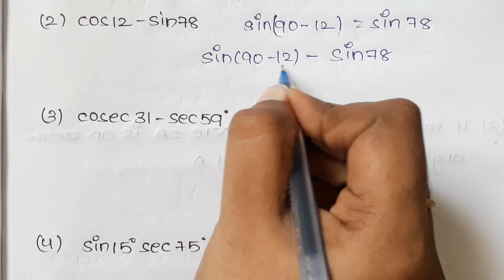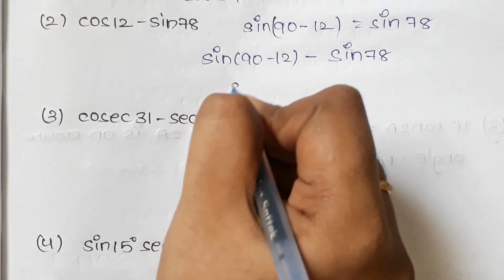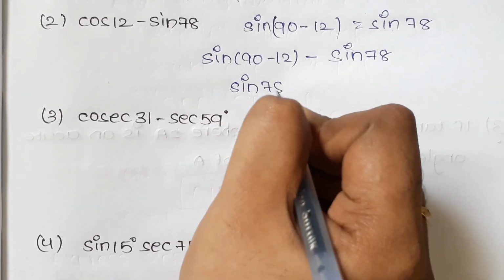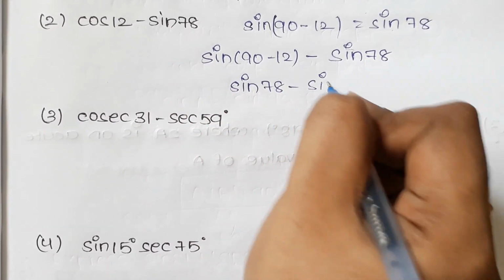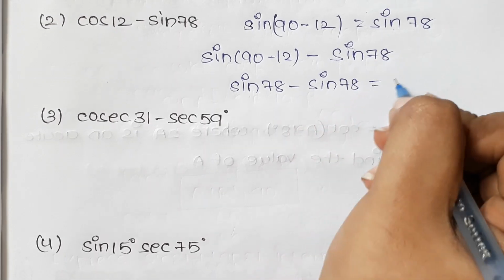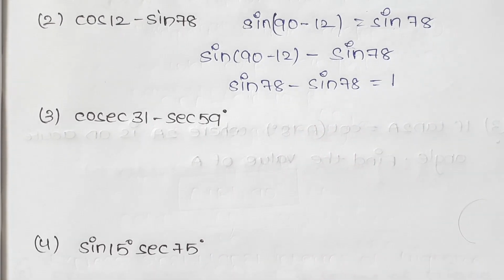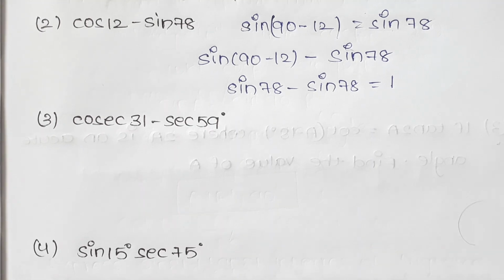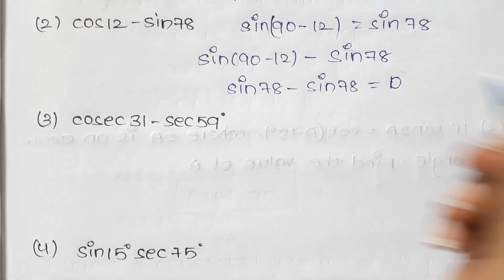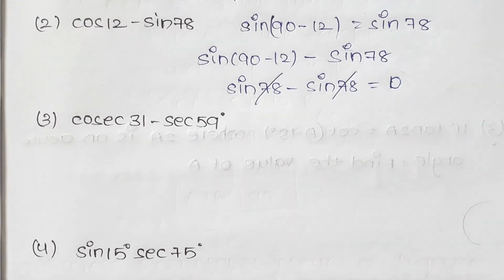Here sin 90 minus 12 is nothing but sin 78. That is sin 78 minus sin 78. Sorry, the answer is 0 because both get cancelled. And this is the second one.